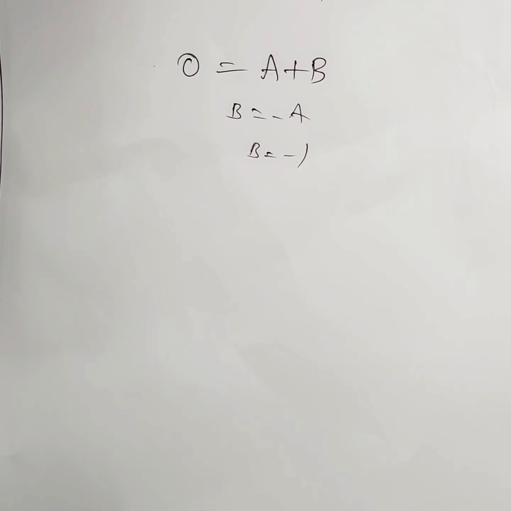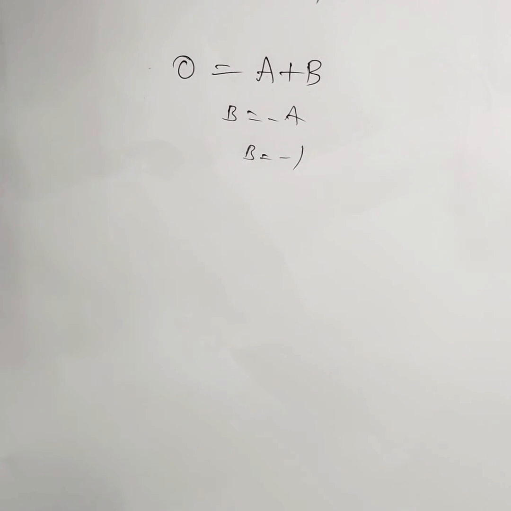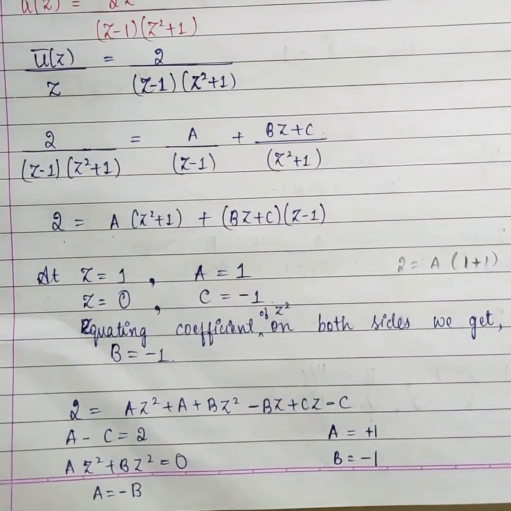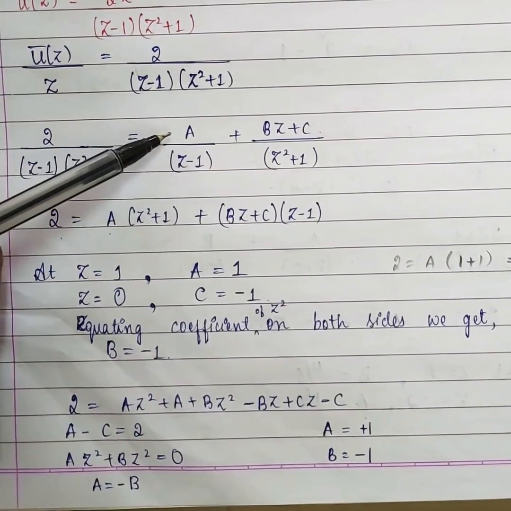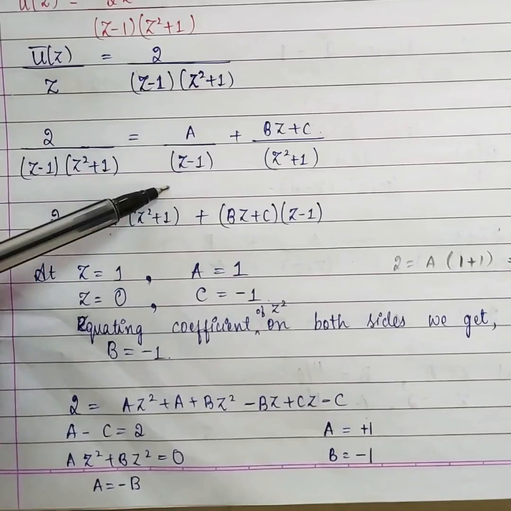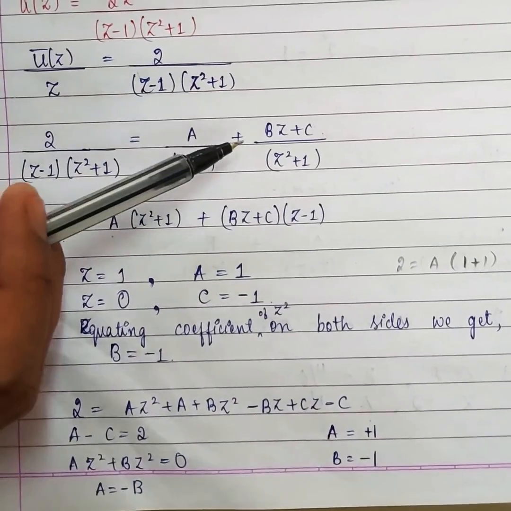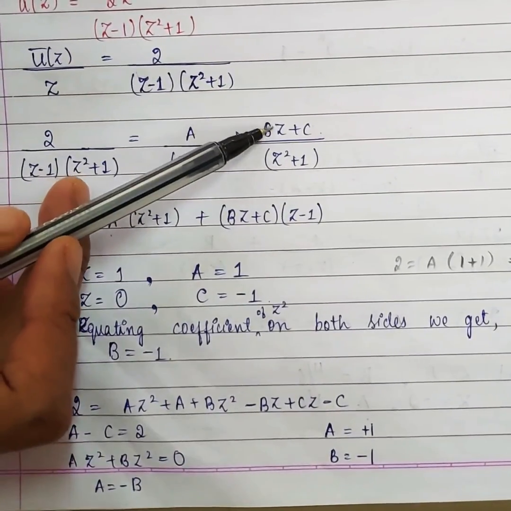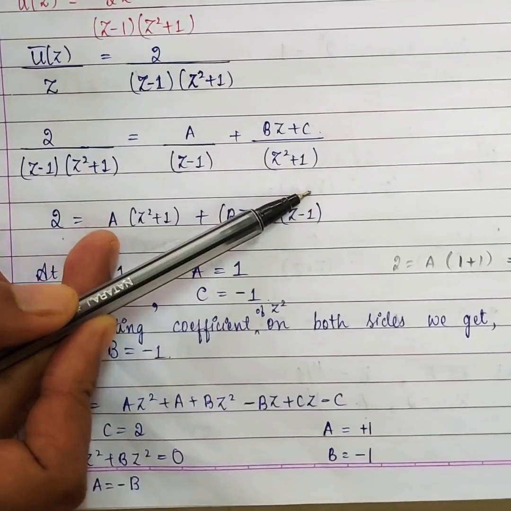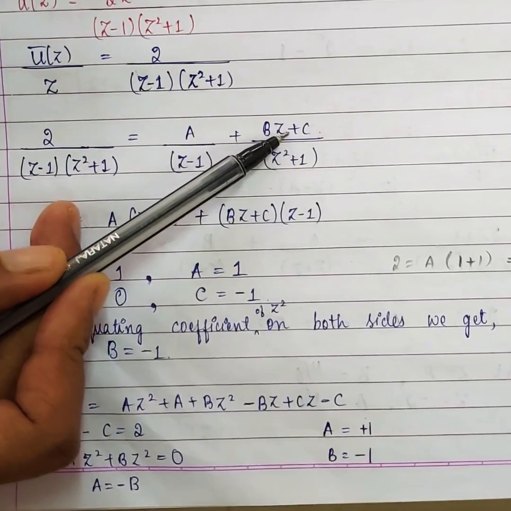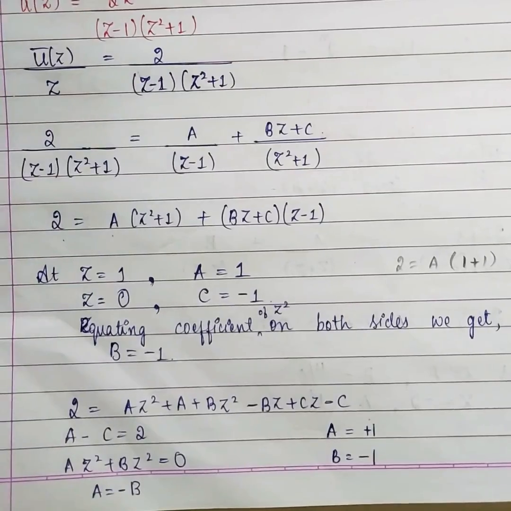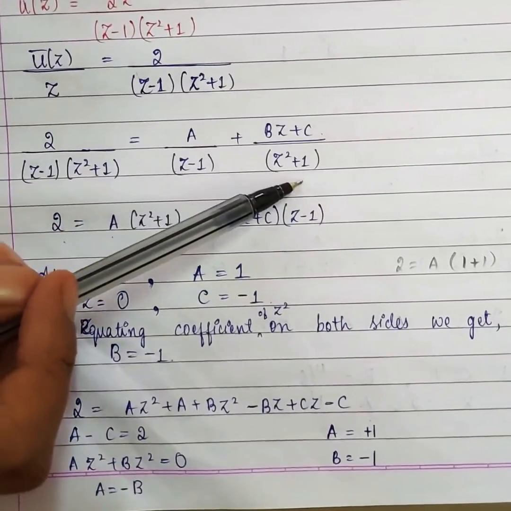Now we know the values of A, B, C, we just have to substitute in this equation. So 1 by (z minus 1) plus (minus 1 z) by (z square plus 1) plus C value, which we got, minus 1 by (z square plus 1).